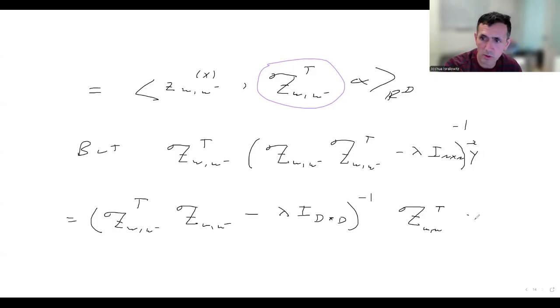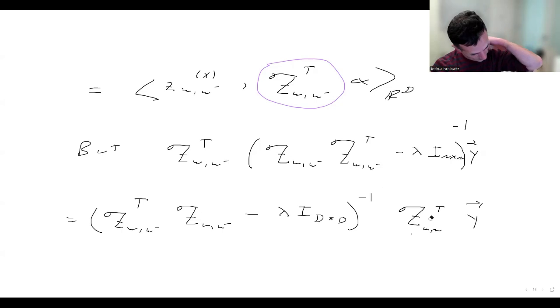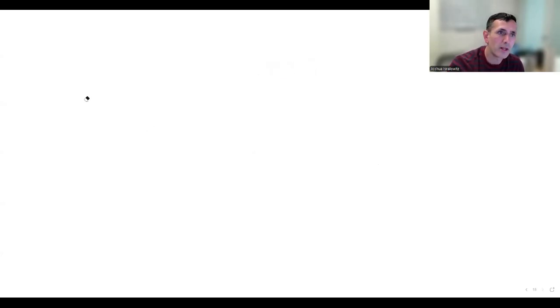So when you compute this here, instead of having to compute an n by n inverse, you can replace that with computing this d by d inverse, where d is presumably much smaller.